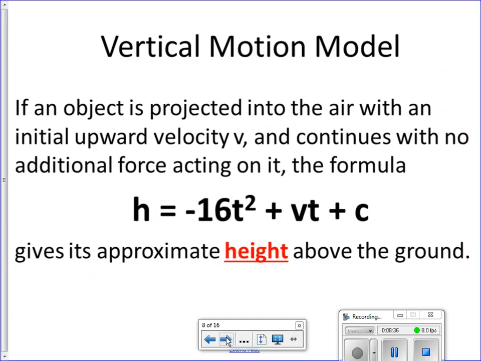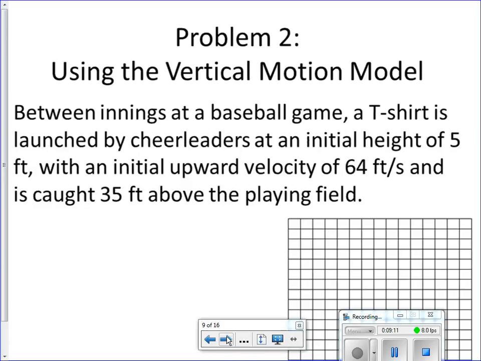If an object is projected into the air with an initial upward velocity v and continues with no additional force acting on it, the formula h, which stands for height, equals negative 16t squared, where t is your time in seconds, plus the velocity times time in seconds, plus c, and c is the initial height above ground. And this gives an approximate height above the ground.